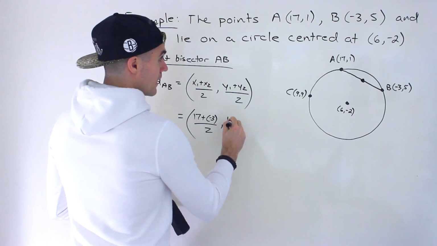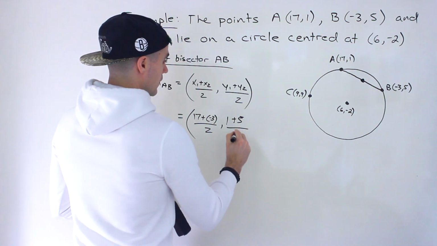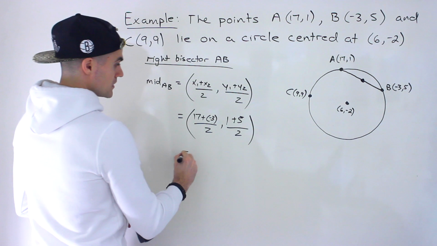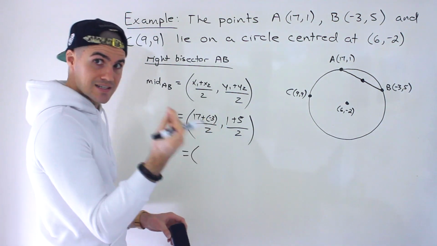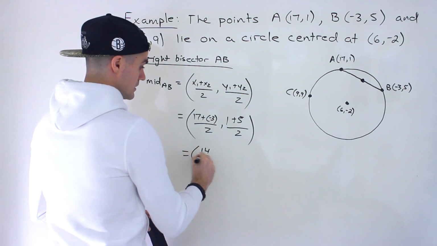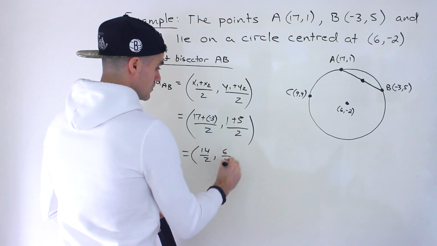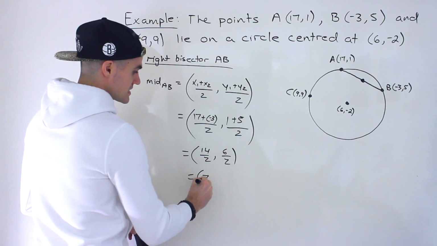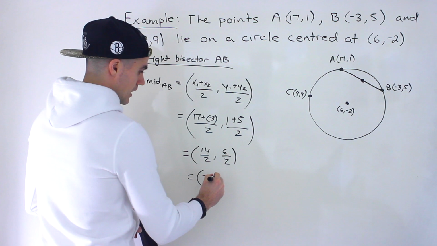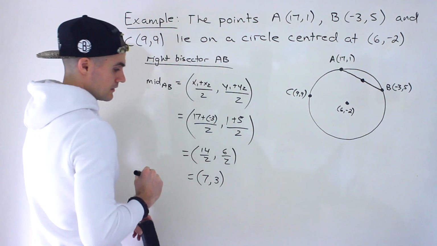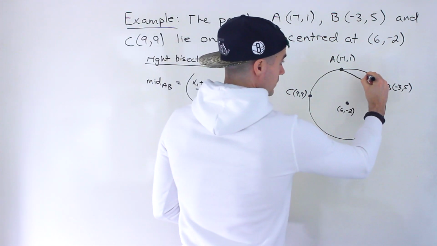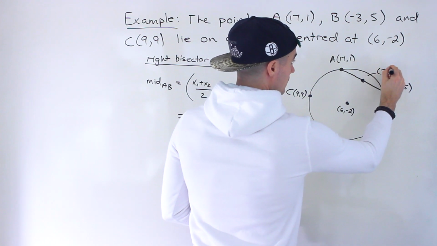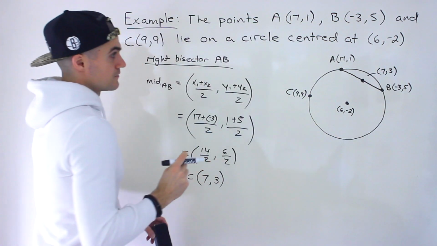Then we'll add up the y values of A and B, and then divide that by 2. So 17 plus -3 is like 17 minus 3, which gives us 14, over 2. And 1 plus 5 is 6, over 2. So we'd end up with 7 and 3, like that. So this midpoint here has a coordinate of (7, 3).